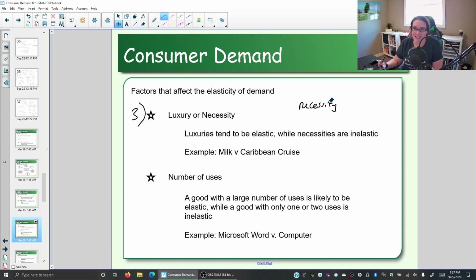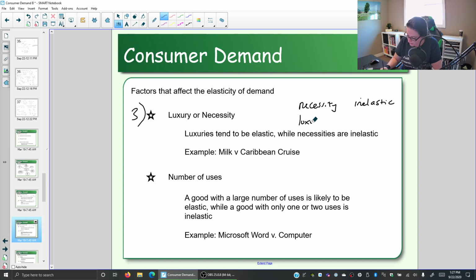So something that is a necessity that we need, how sensitive are we to the price change? The price changes and the amount we buy changes a lot, so elastic, or the price changes and the amount we buy changes a little. Well, if it's a necessity, it's only going to change a little, so your demand is more inelastic.